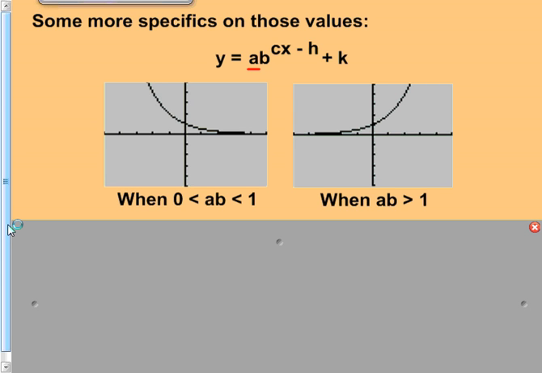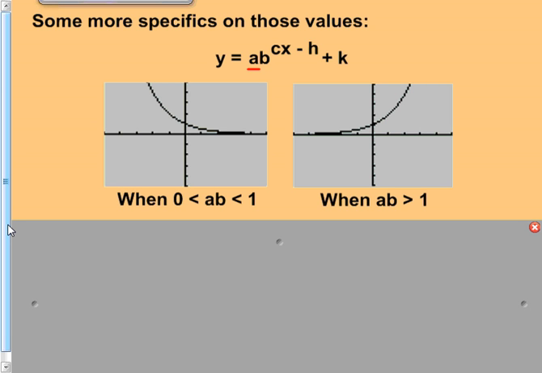Now that we know a little more about the graph, take a look at it. The one on the left and the one on the right are obviously backwards from each other in a left to right aspect. When your base is between 0 and 1, your graph is going to be reversed. Instead of coming in along the negative side of the x-axis, it comes in along the positive side of the x-axis.